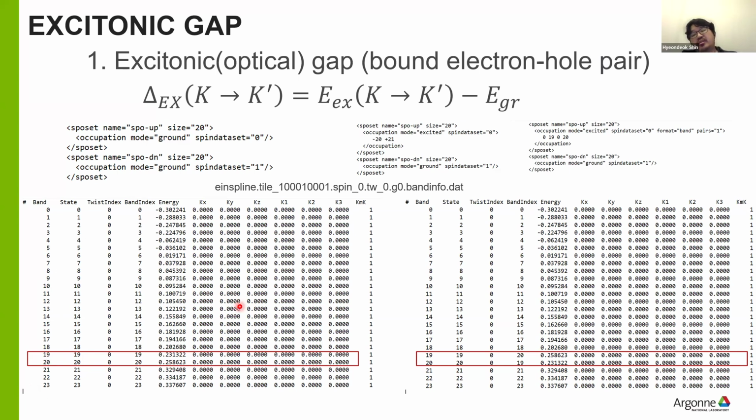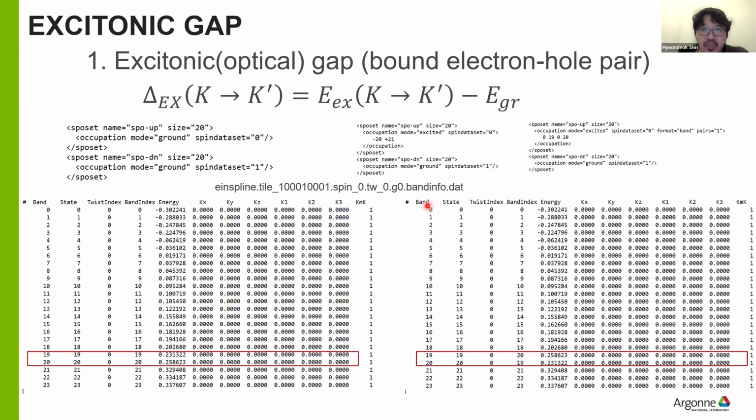So to calculate the optical gap, we need to promote an electron from band number 19 to band number 20. So we need to modify the single particle orbital information in the QMCPACK inputs as shown in these examples. There are mainly two ways to define the band index to promote.